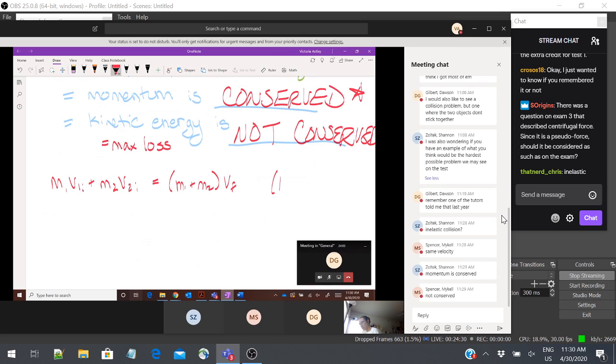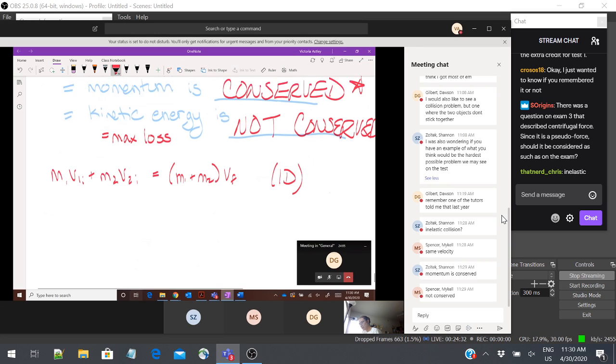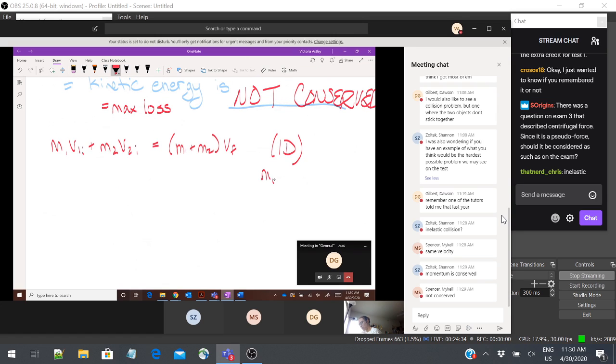And this is the one-dimensional. If it's two-dimensional, you would have m1 v1x plus m2 v2x, etc., and m1 v1y plus m2 v2y, etc. Same equation, you just need two of them. Okay. Hopefully that's making some sense.